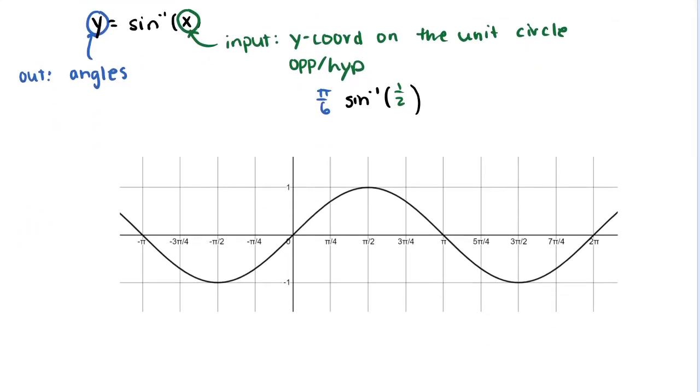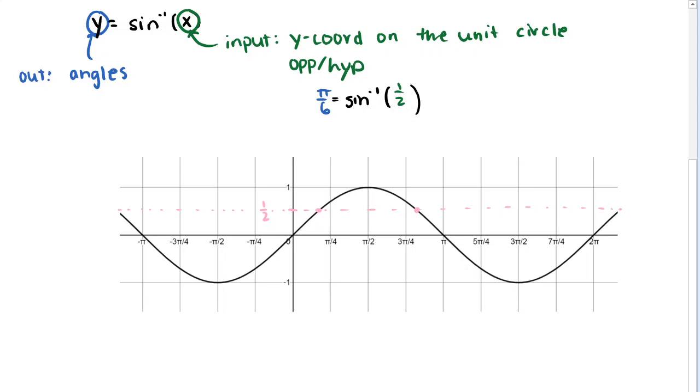If I look at the output value of 1/2 on the graph of our sine function, we see that the horizontal line y is equal to 1/2 crosses the graph of our sine function twice in this part of the graph. Actually, it crosses it infinitely many times if we look really far out to the left and really far out to the right. There are many different angles that give us an output of 1/2 for our sine function.